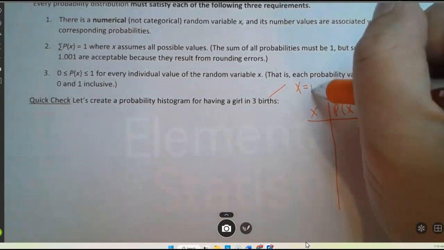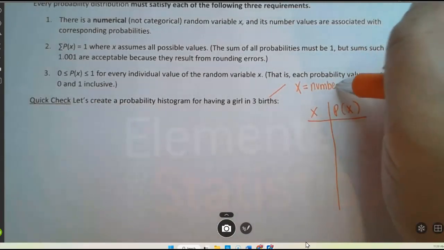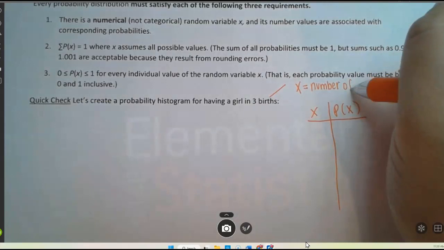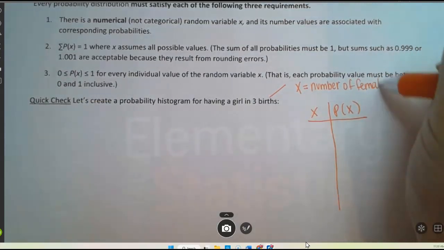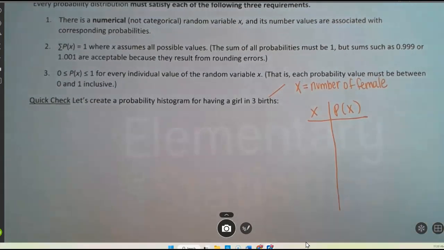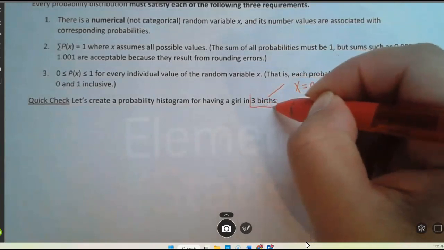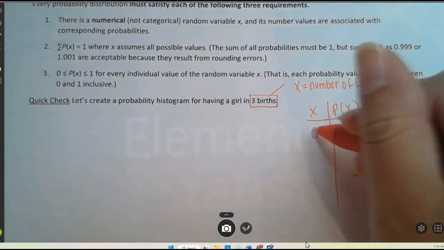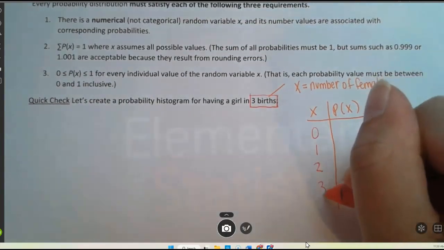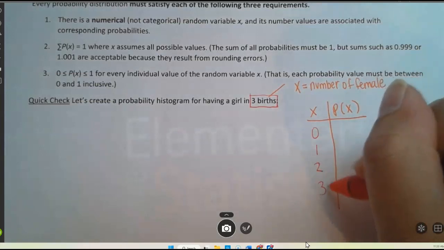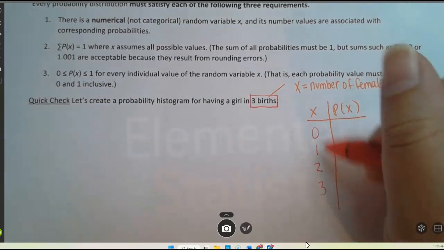So X represents the number of female. And then P of X represents the probability that you will have that many female children. So if it's 3 births, all the possible things that could happen would be no girl, 1 girl, 2 girls, or 3 girls in a family of 3 children.